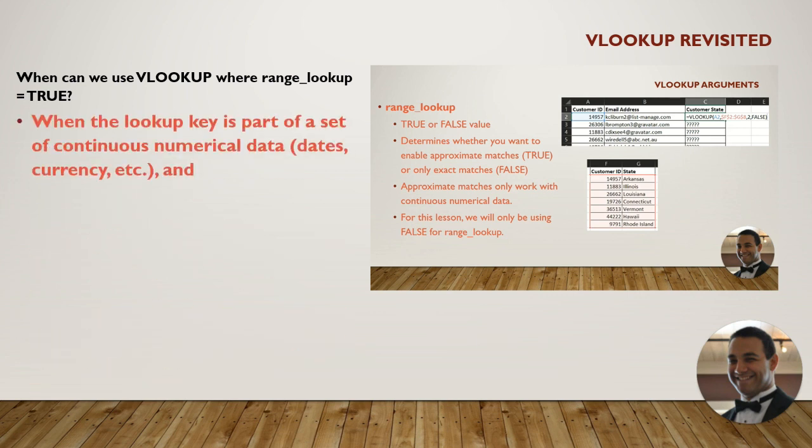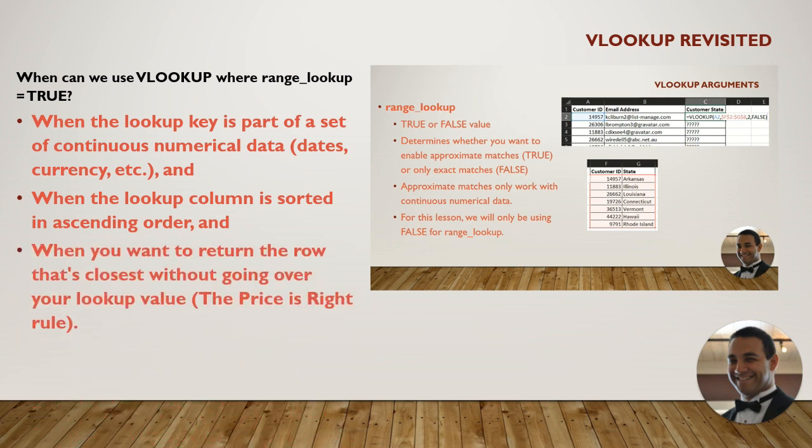When the lookup key is part of a set of continuous numerical data and the lookup column is sorted in ascending order, and you want to return the row that's closest without going over your lookup value, or the Price is Right rule, as I like to call it. If all three of these things are true, then you could use range lookup equals true. So how do we do it?